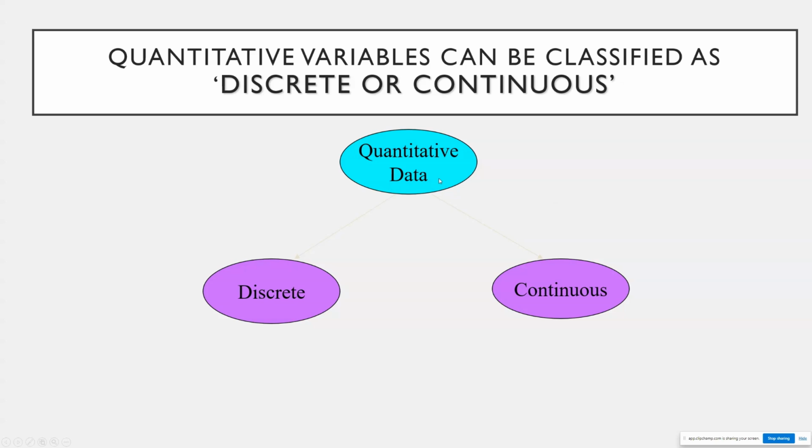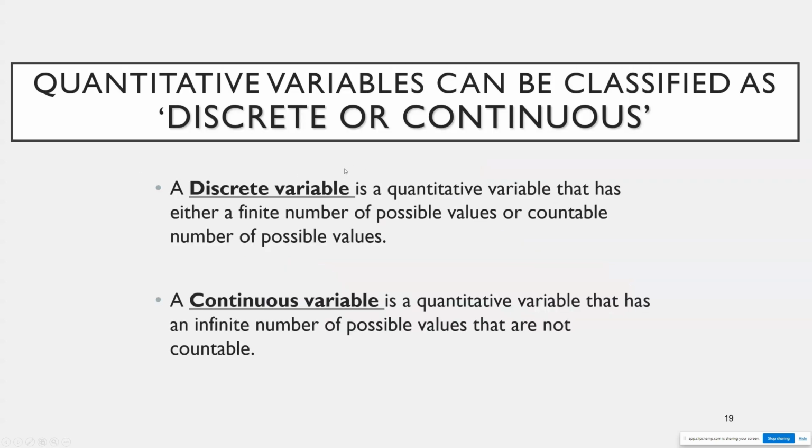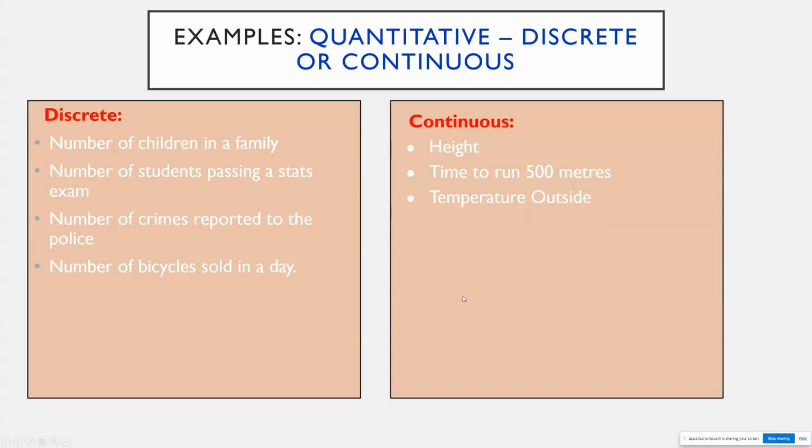For example, I'm in my 40s, or how many siblings you have. I have two, things like that. A discrete variable is a quantitative variable that has a finite number of possible values, or a countable number of values. A continuous variable is a quantitative variable that has an infinite number of possible values that are not countable. So let me give you some examples of these.